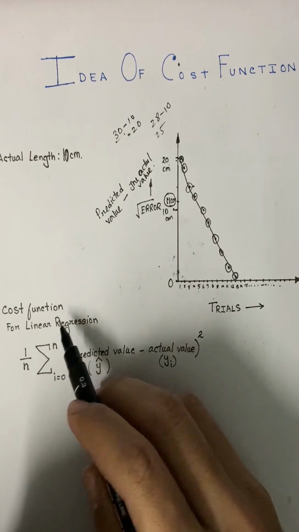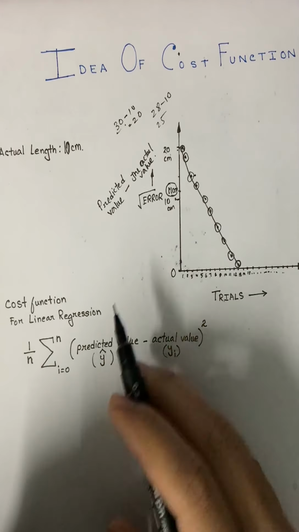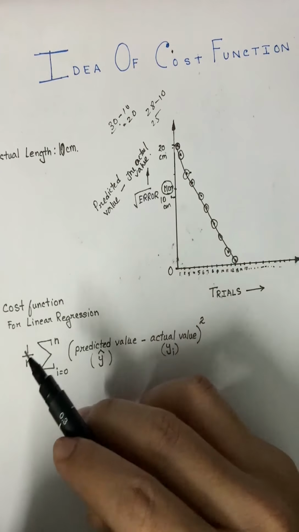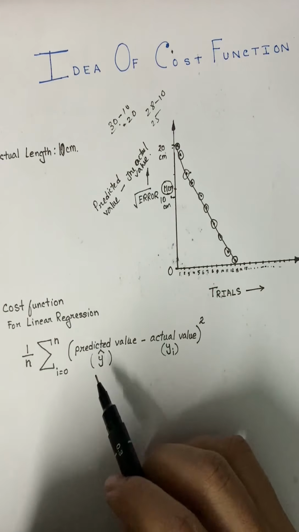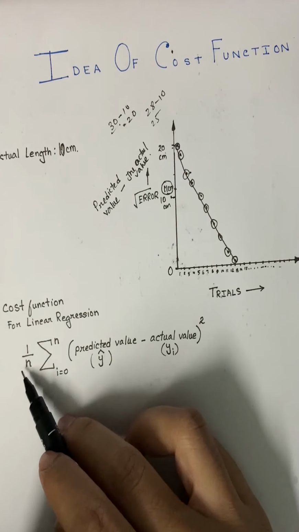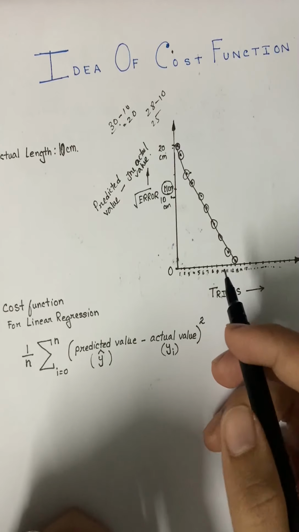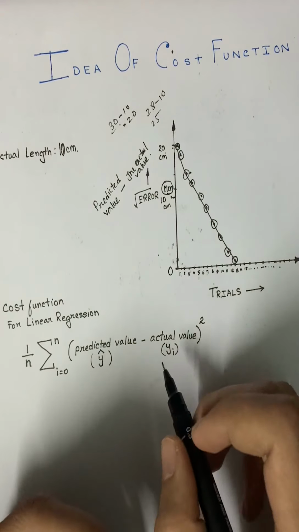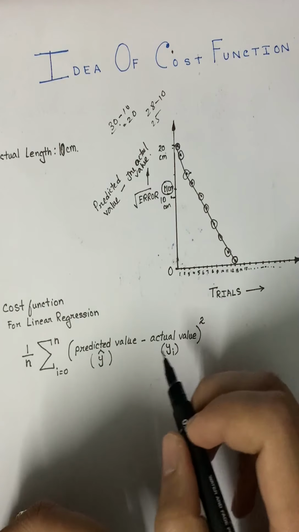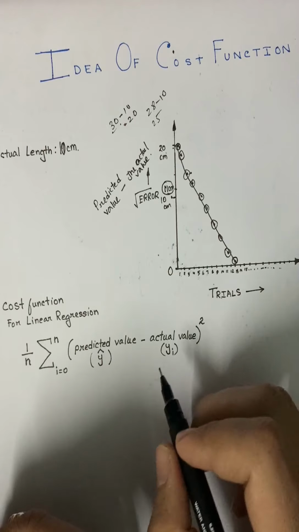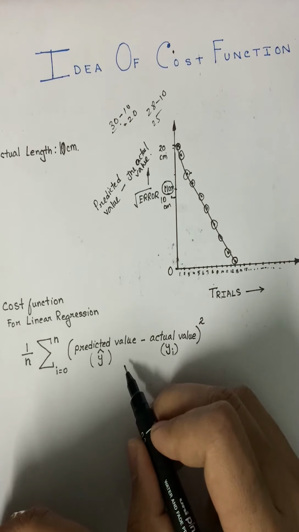See, this is the cost function of a linear regression. Now you can relate with this. I said that it is the predicted value minus the actual value. The cost function of a linear regression is the predicted value minus the actual value, squared, divided by the number of data points that we have taken in this experiment. So it is basically the square of the error divided by the number of trials taken. That is the cost function for a linear regression.